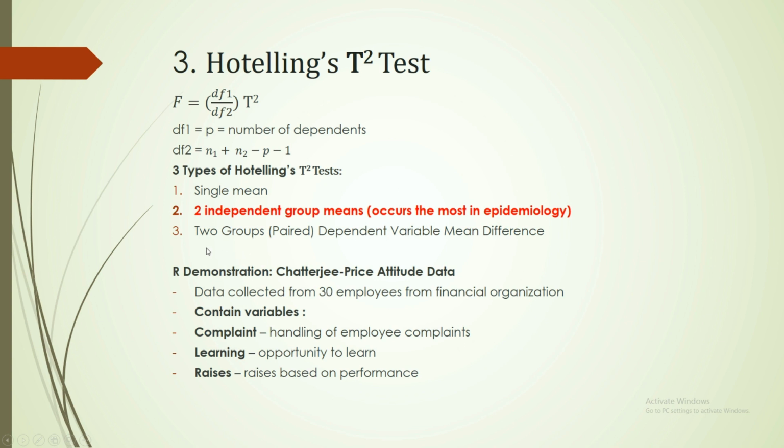And the third one is called the 2 groups paired dependent variable mean test. For the R demonstration, I will only be performing the 2 independent group means test because this one is most relevant in epidemiology.